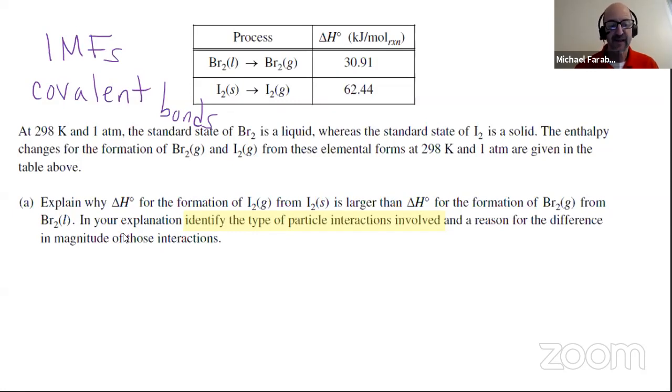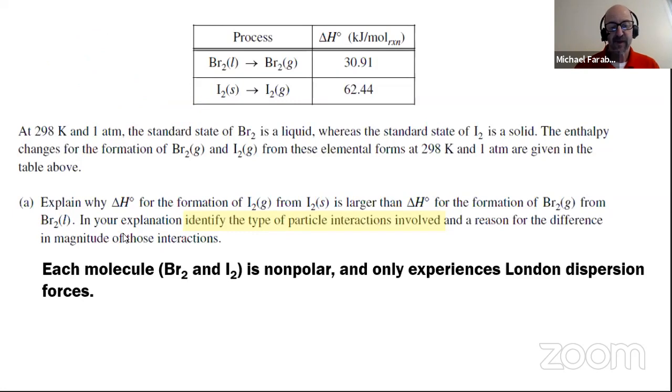I talked about this in the Unit 3 video. So we are talking about intermolecular forces here between molecules, and these are non-polar molecules. It's a diatomic molecule that has the exact same atom. So because they are non-polar, they experience London dispersion forces, or LDFs for short.